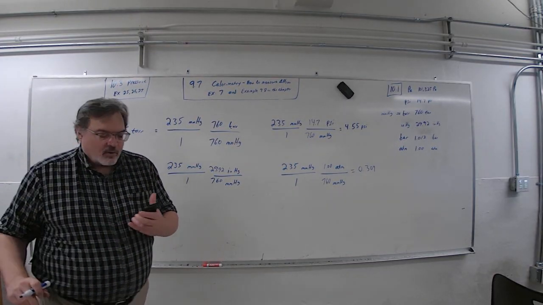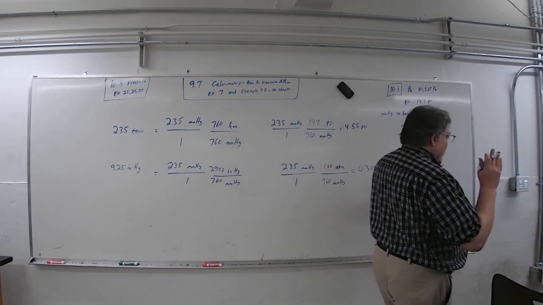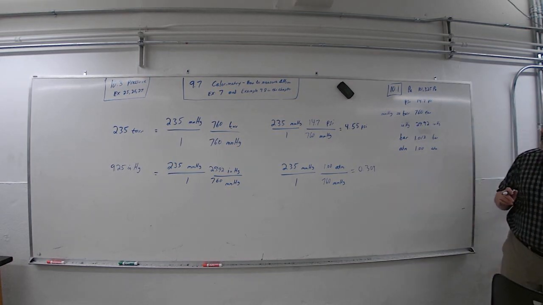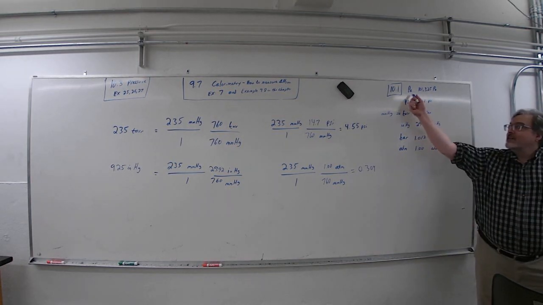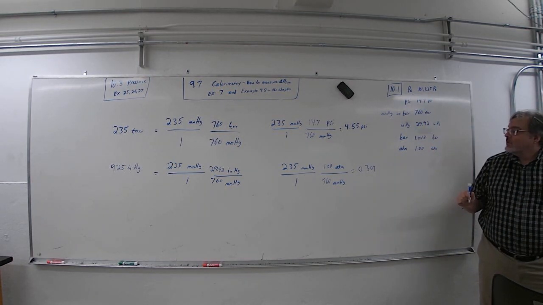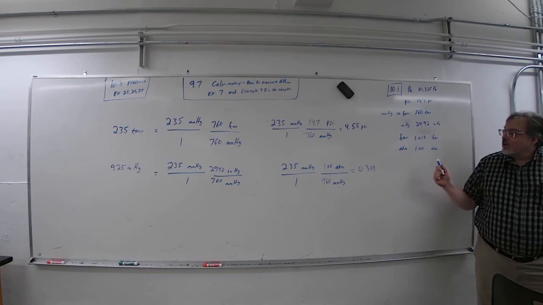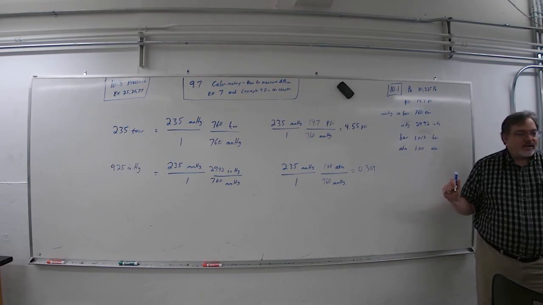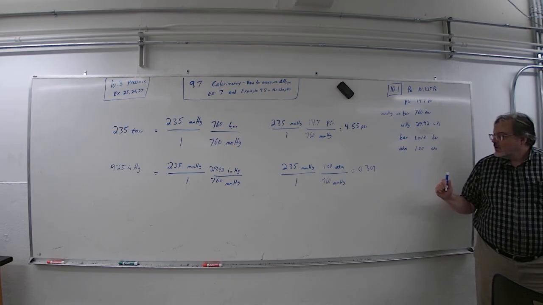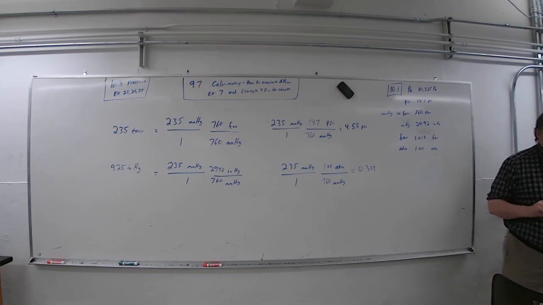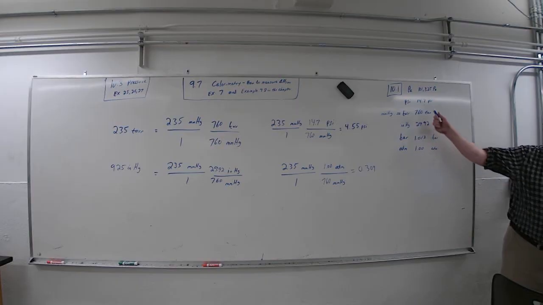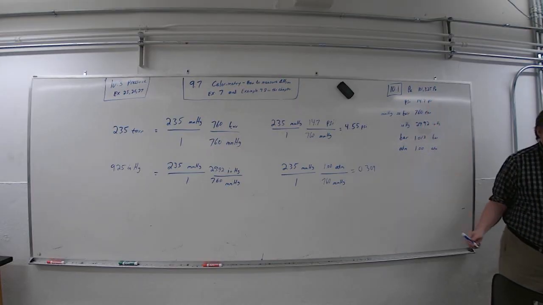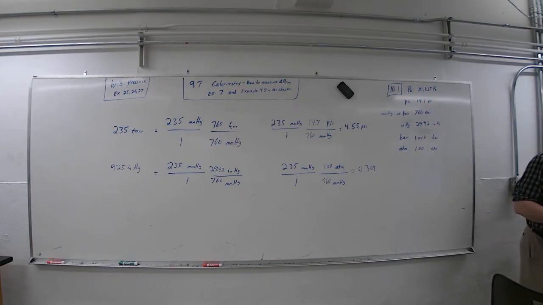Torr is from a guy named Torricelli. I don't know why we have so many of these. There's a guy named Pascal that came up with that one. Inches of mercury, millimeters of mercury. I forgot where bar comes from, barometric being the word for pressure. Anyway, that's how you do these conversions. As long as you have this in hand, these aren't hard. And I will give you those in the test.